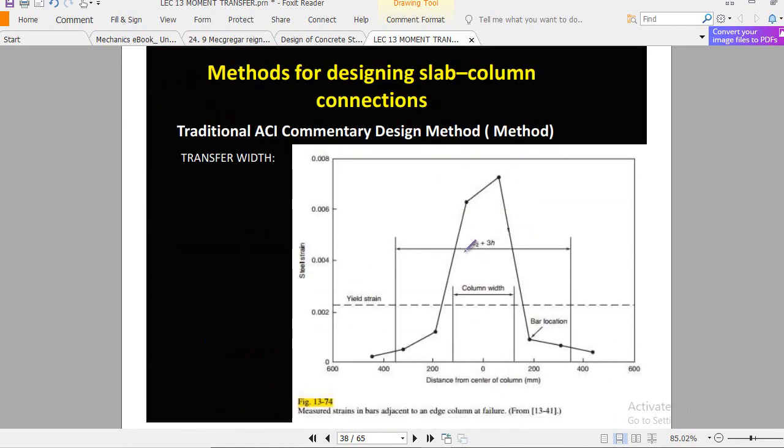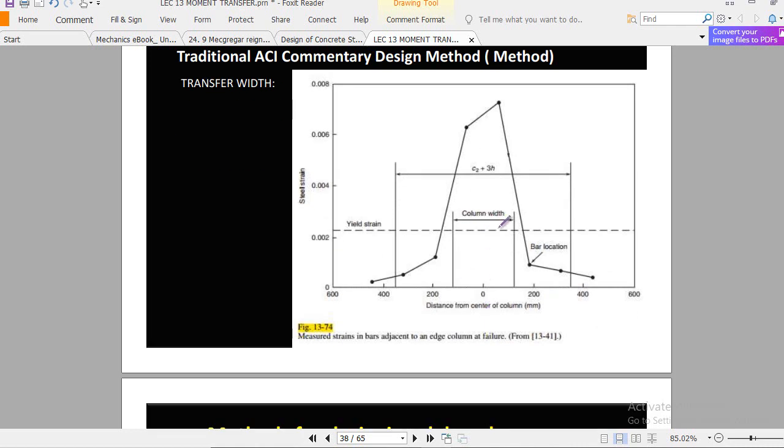We will do examples on it. Now it is important to understand this graph. As we already explained, transfer width: the bars which are provided in the transfer width must yield, meaning there must be a tension controlled section. Now this is the column width.